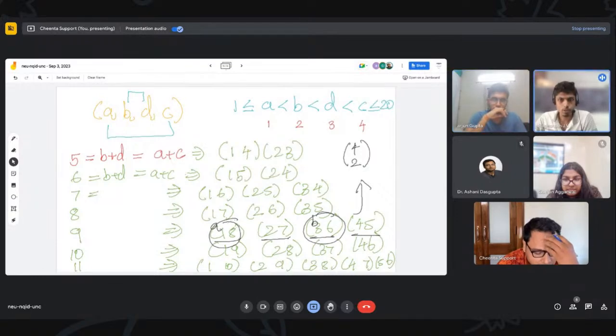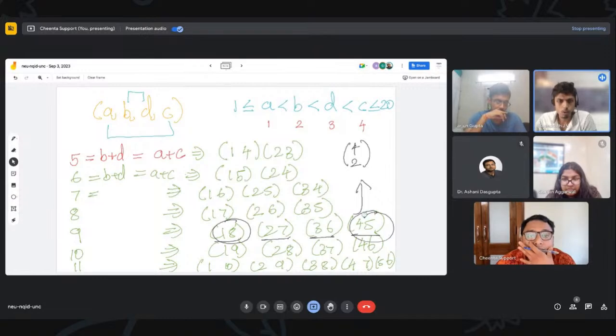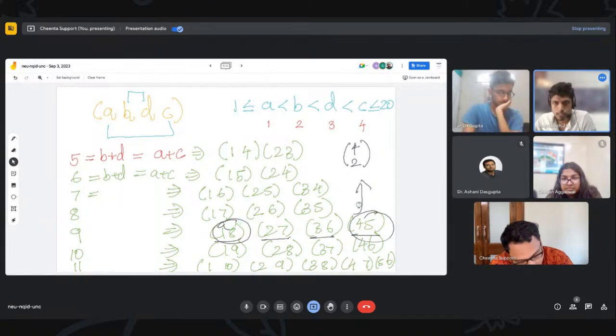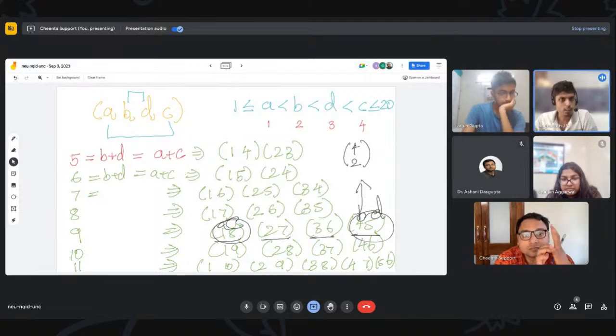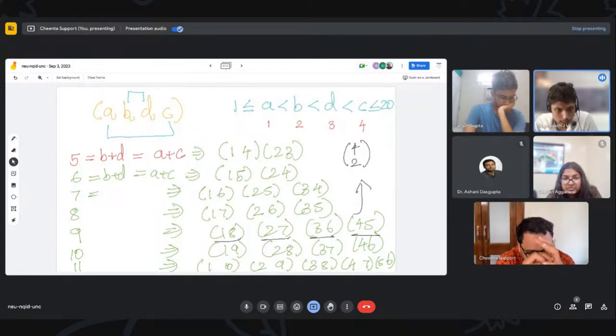Or I can also choose 1 8 and 4 5. Automatically it assigns values. Sorry, this is not B. The next least is 4, next is 5, and next is 8. So you just have to choose 2 pairs out of the 4 pairs that are present here. So 9 generates 4 choose 2 quadruples.